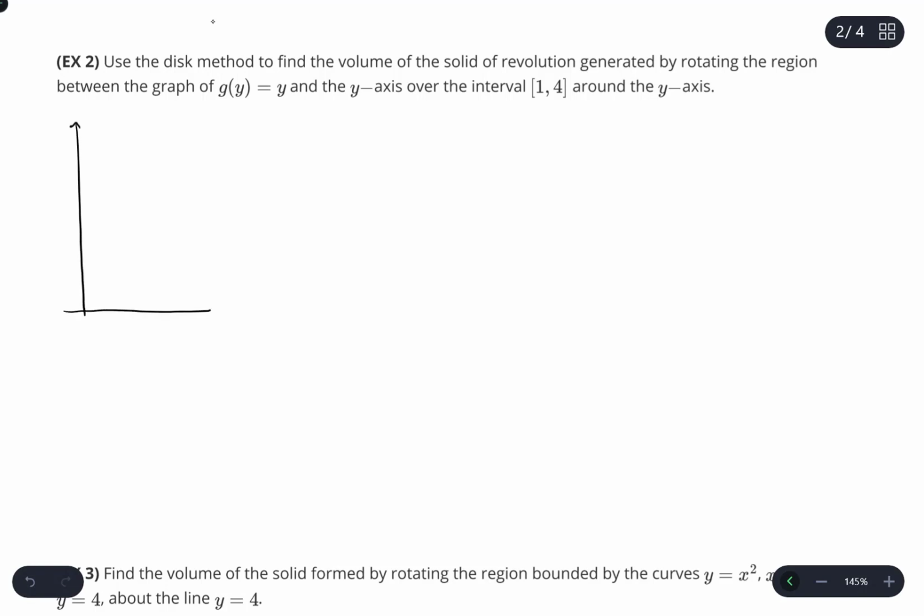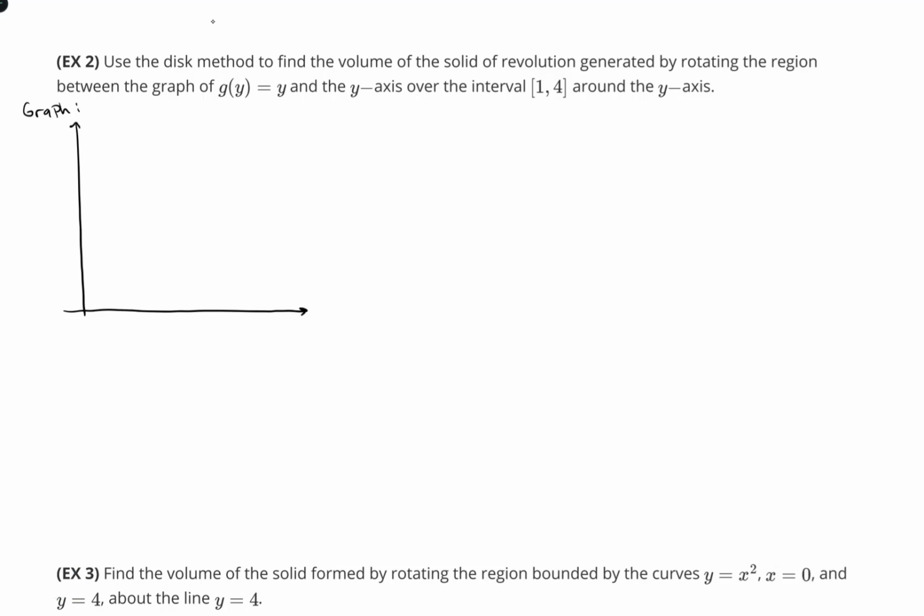So we'll start off with a graph, and generally these are very simple graphs to draw. You often don't get very difficult functions to work with, just something that gives you an idea of what's happening. I'm integrating from 1 to 4, so let me do 1, 2, 3, 4, 5. I'll do the same on here, 2, 3, 4, 5.